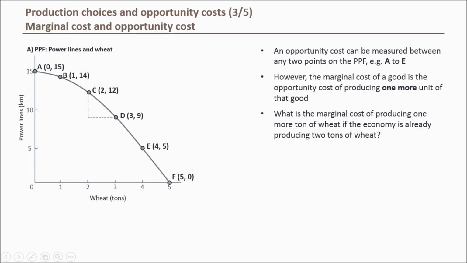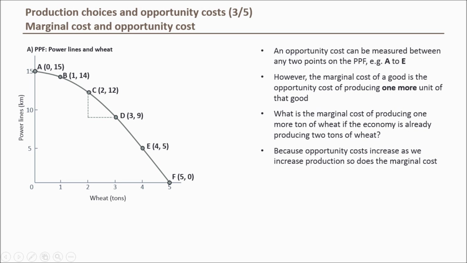Please take note, it is important to state which point we are referring to because marginal costs are not constant. Remember, marginal costs are the same as opportunity costs, except for the fact that they only ever represent a 1 unit increase in production of the good being referred to, in this case wheat. Because opportunity costs increase as we increase production, so do marginal costs.